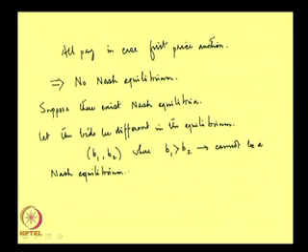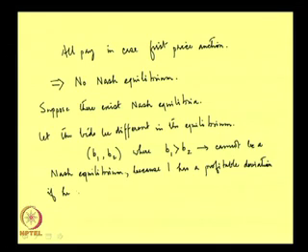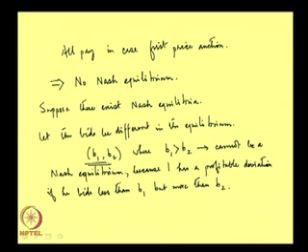Because player 1 has a profitable deviation, if he bids less than B1 but more than B2, this cannot be a Nash equilibrium, because at least one person has a profitable deviation.